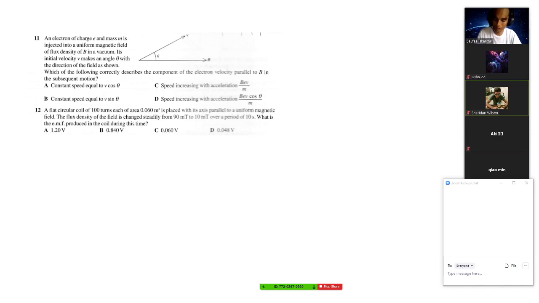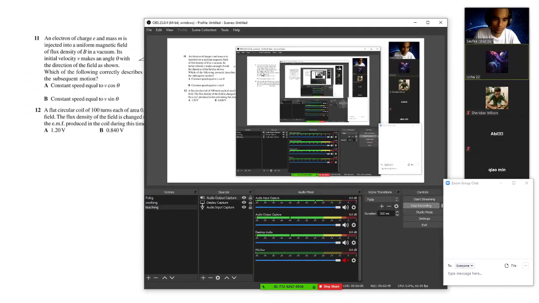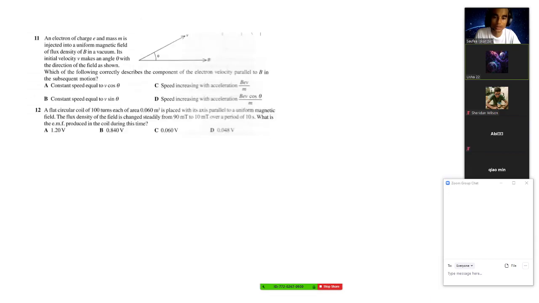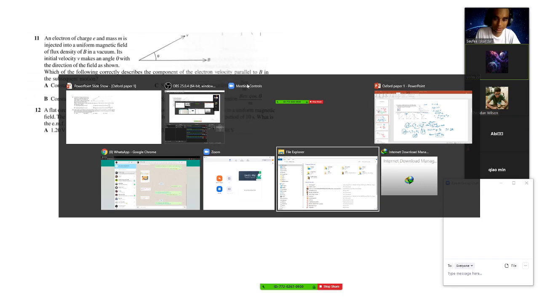Usha, what would be your answer? 11 is B. 11 is not B. Ah, it's A. Why do you say it's A?